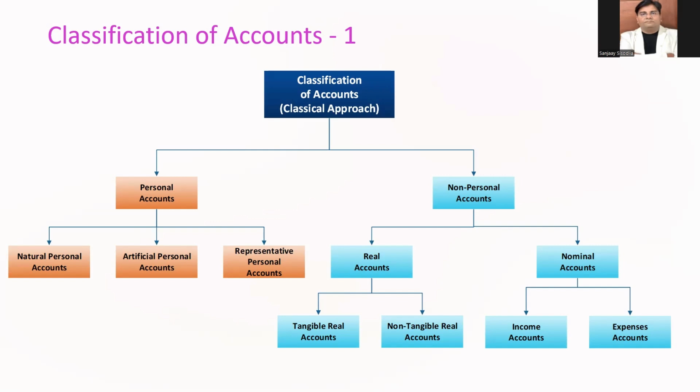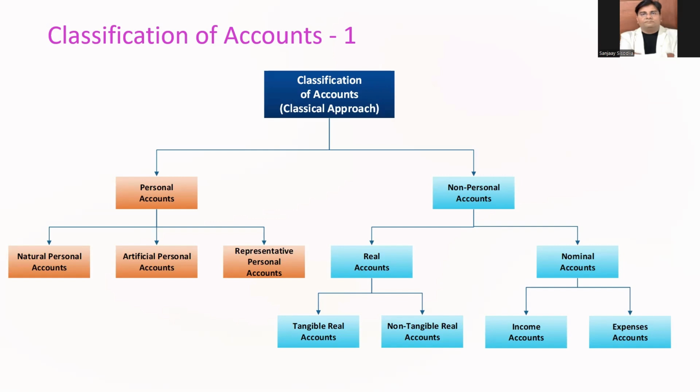Basically, the real accounts are prepared to track the various types of assets. Then we have nominal accounts, which are further classified into two categories, that is income accounts and expenses accounts. Income accounts are prepared to track all the incomes or gains that the business is earning, and expenses accounts track all the expenses or losses that the business is incurring or has suffered.